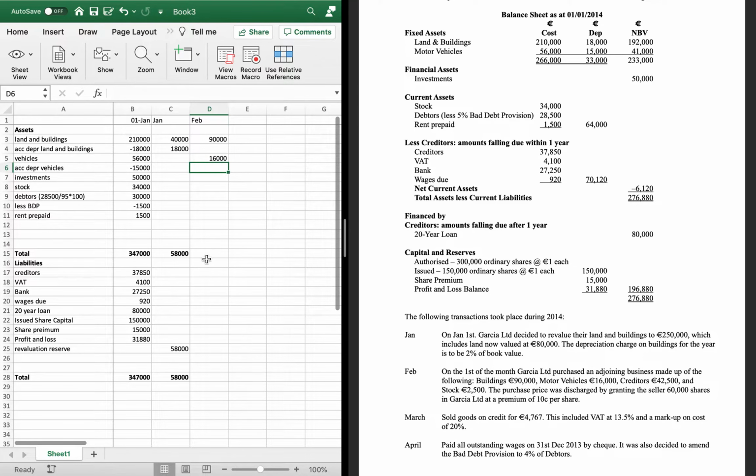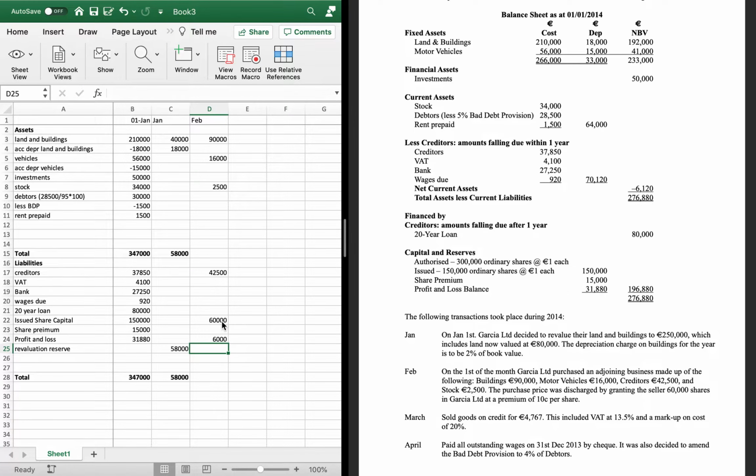Creditors are 42.5, so down to creditors, and they'll go up by 42,500. And stock is 2,500. So how did he pay for it? He granted the seller 60,000 shares, so issued shares are 60,000, and there was a share premium of 10% per share, 10 cents per share. So 60,000, 10% of that is 6,000.